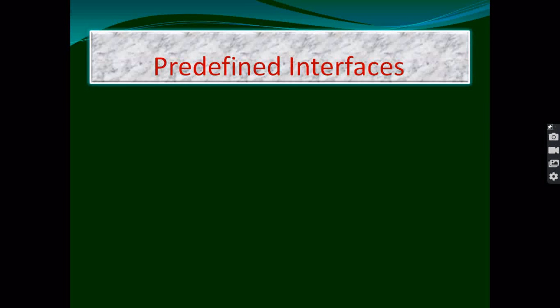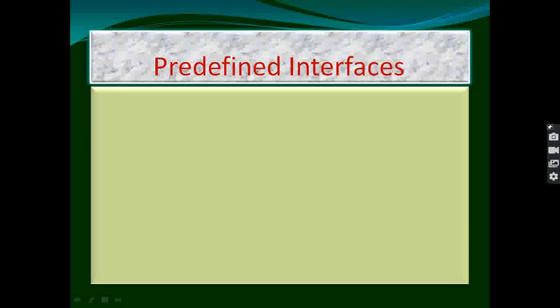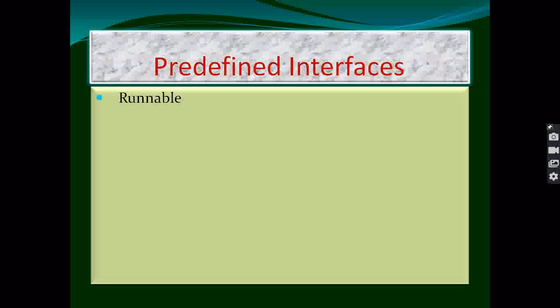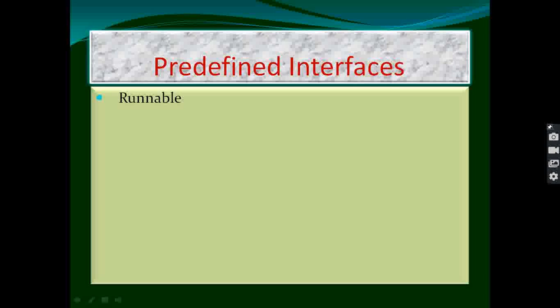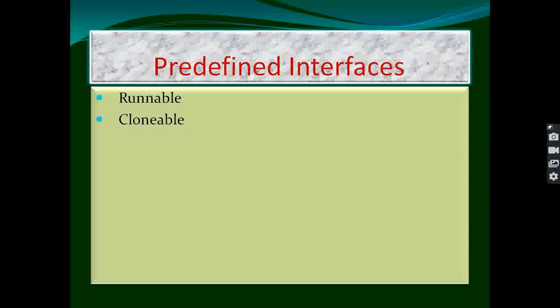Let me list out all the predefined interfaces. I mean, a few interfaces are listed out here. Runnable, it is used in thread. Cloneable, just to clone an object, to create a similar object. Just to clone an object, the Cloneable interface is used. CharSequence, Comparable, just to compare the text.